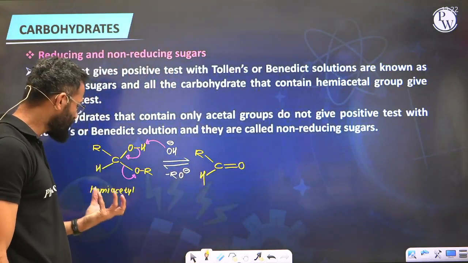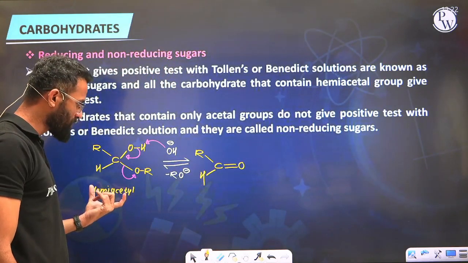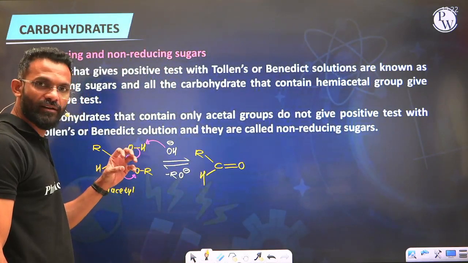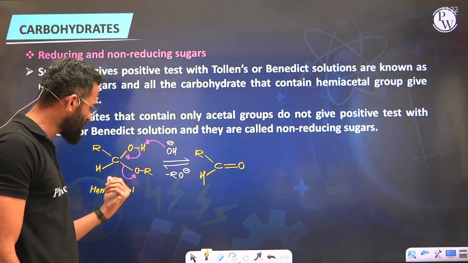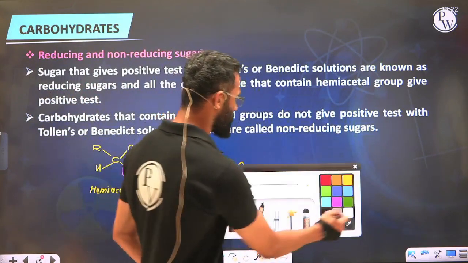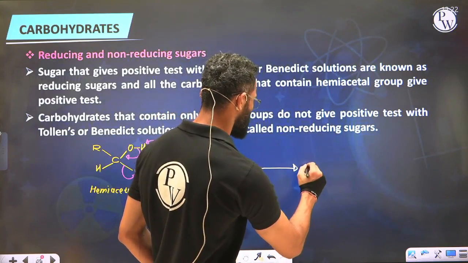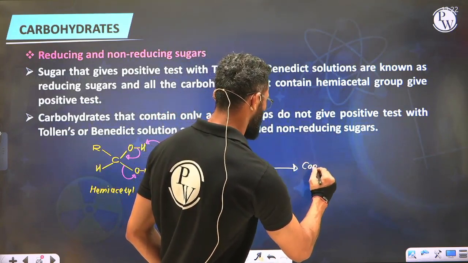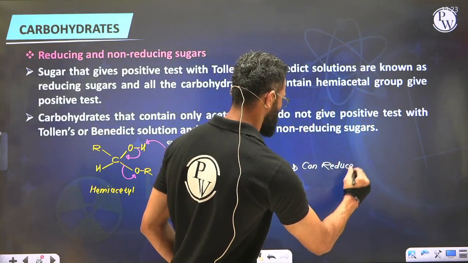So imagine if a carbohydrate or a sugar containing hemiacetylic group is allowed to react with the Fehling, Tollens or Benedict reagent, that alkaline reagent will convert that hemiacetylic sugar into aldehyde, and once you get free aldehyde, now this can reduce. What all can it reduce?